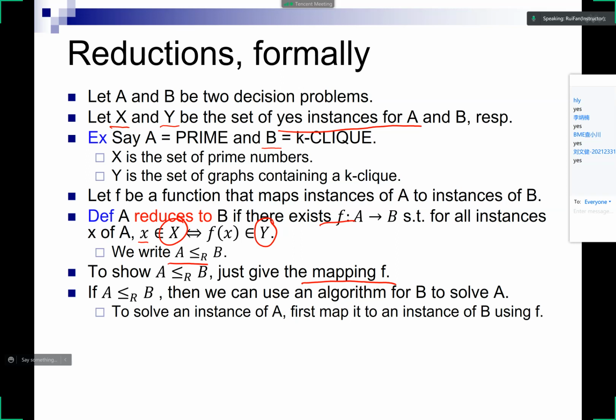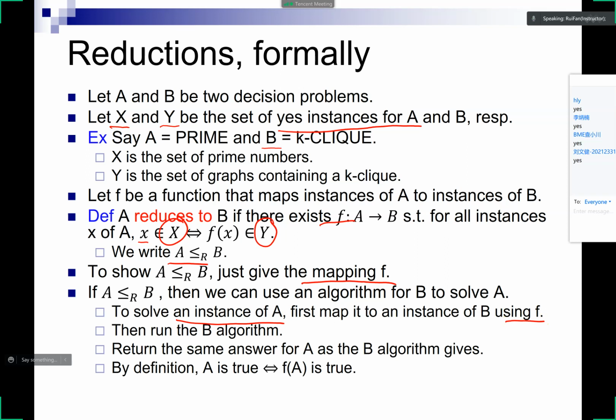To solve an instance of A, we use the function f to first convert the instance of A to an instance of B. Then, because we have an algorithm for B, we run the B algorithm, and whatever answer it returns, we return the same answer for A. This overall algorithm is a valid algorithm for A.